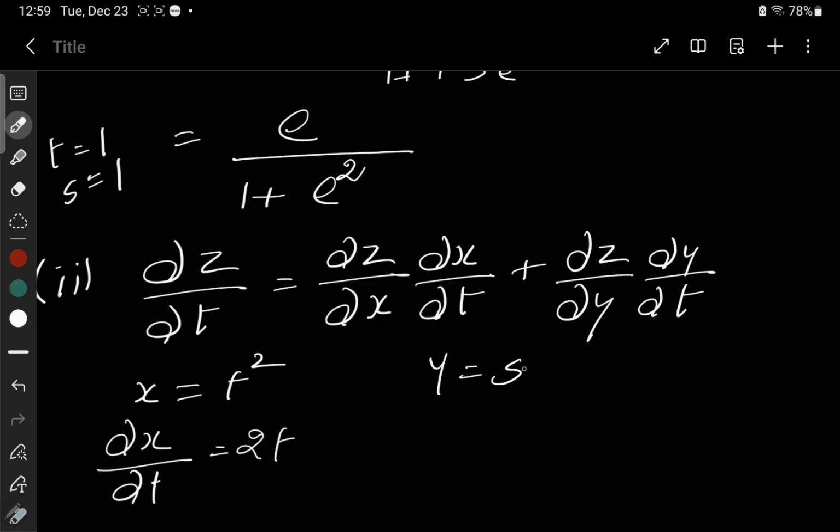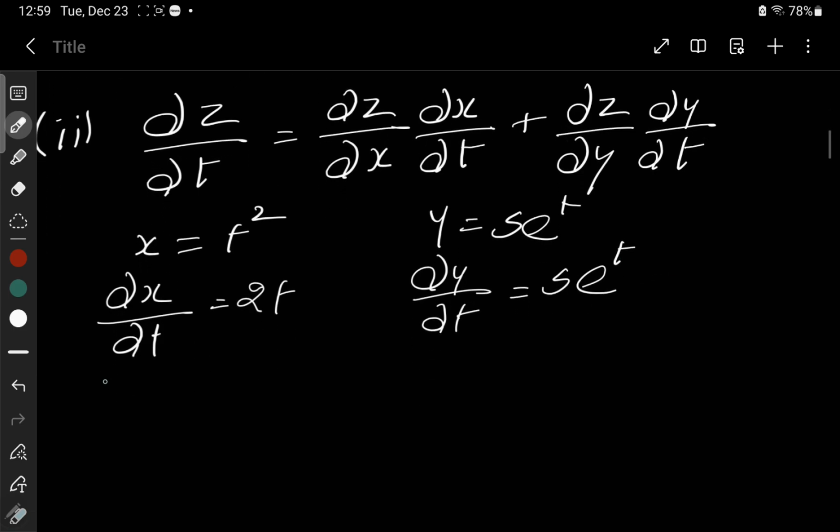And y is s into e power t. So dou y by dou t: s is constant, e power t you will get. So substitute here.